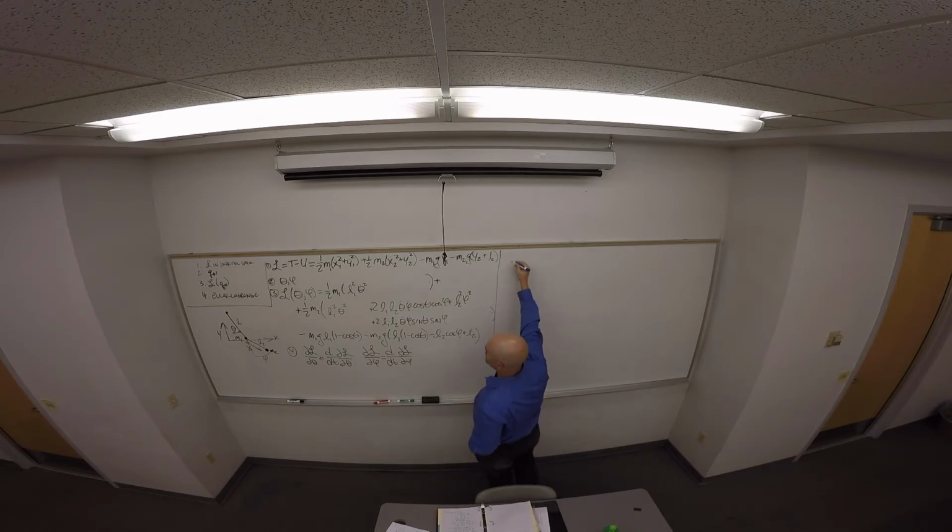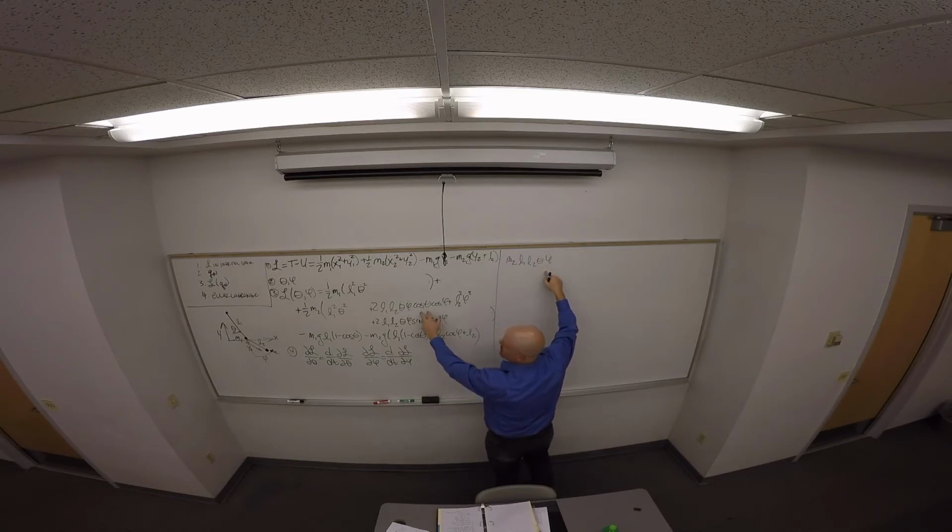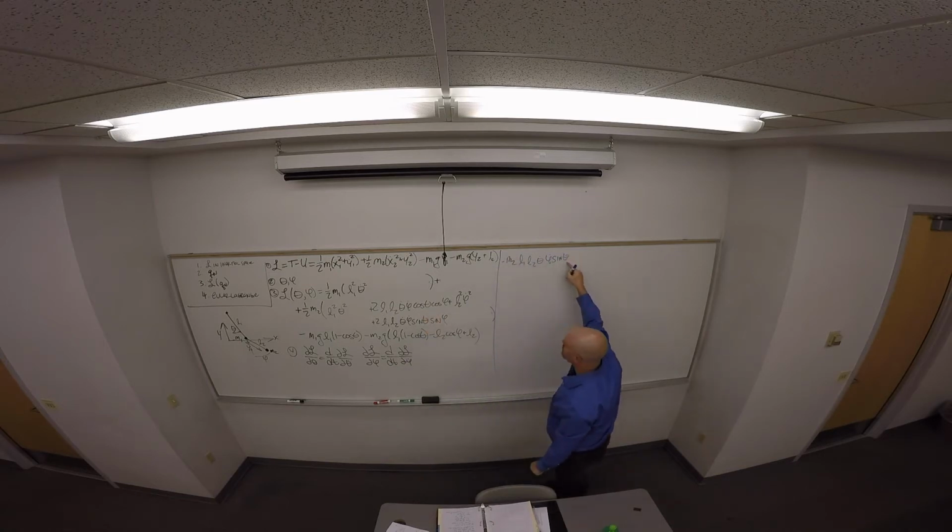So this is going to be M2, and that 2 is going to cancel. L1, L2, theta dot, phi dot. Then we're doing thetas first. The derivative of cosine of theta is going to be minus sine theta, cosine phi.